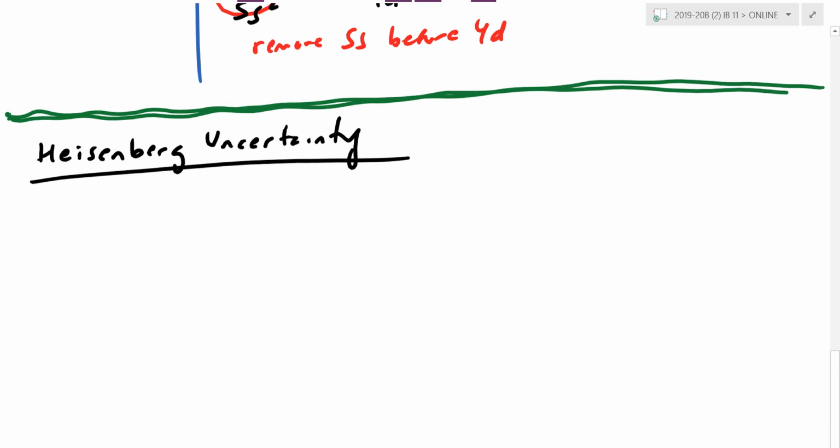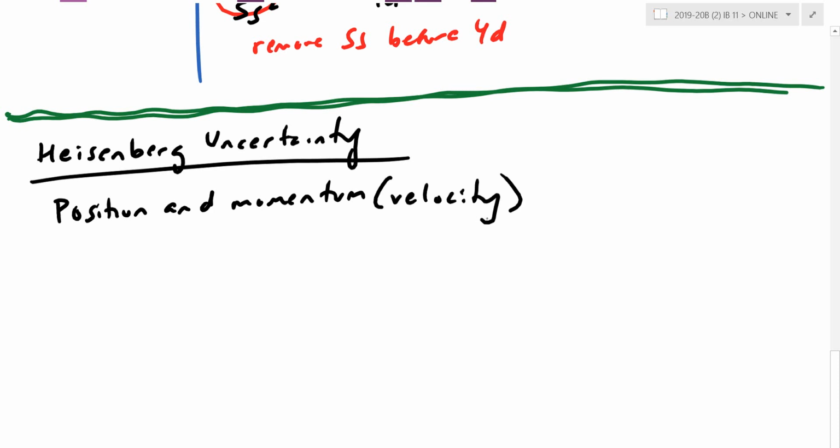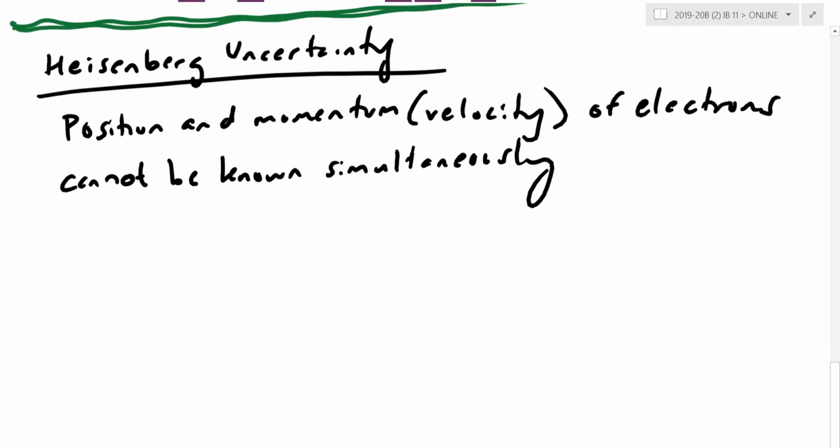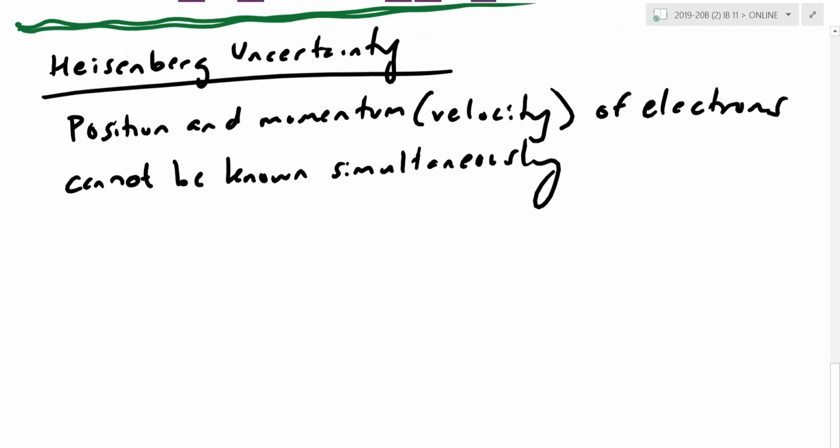Through his experimentation, Heisenberg came up with the idea that the position and the momentum, and if you're not familiar with physics, momentum is related to velocity, so I'm just going to throw the word velocity in there, the position and the momentum of electrons cannot be known at the same time. You can't know both. Now the question comes to, well, why not? It's just that in our universe, electrons have this funny behavior.